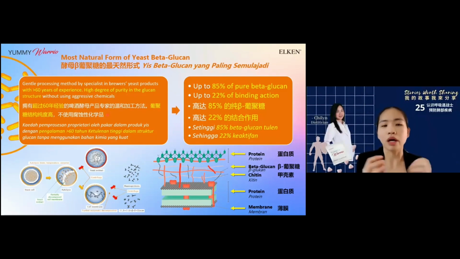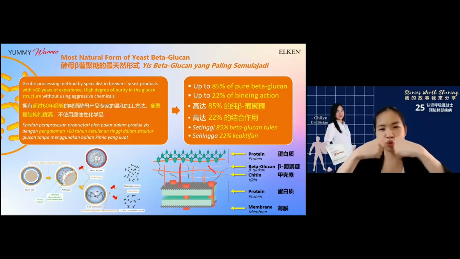And next, its other function. What are the functions of beta-glucan? Which is, after consuming it, it would bind together with your immune cells. So how do we know if the combination is high? That depends on your manufacturing process.